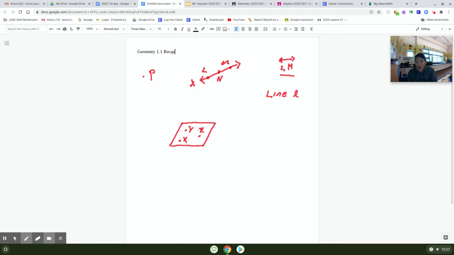Again, quick review of non-collinear: they're not all on the same line. So this could be referred to as plane XYZ. I could also name this plane YXZ, plane ZYX. It doesn't matter the order that you put each of those points in.